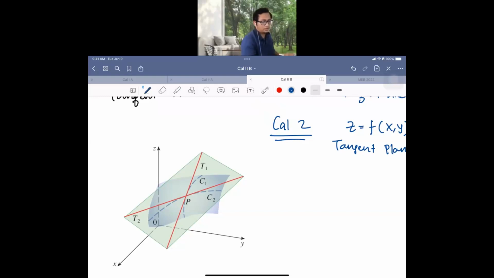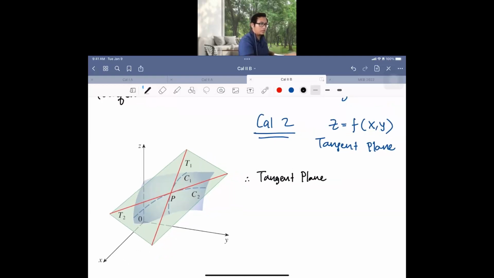So T1 and T2 make a plane that is touching the surface at point P.